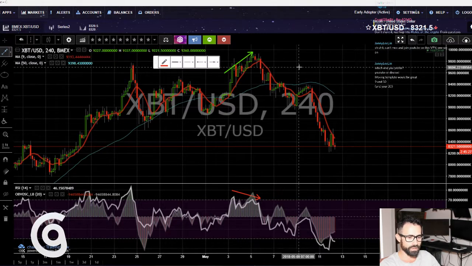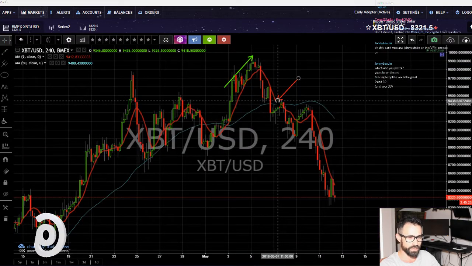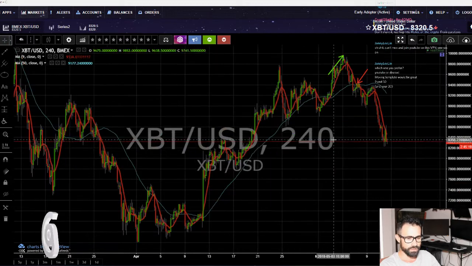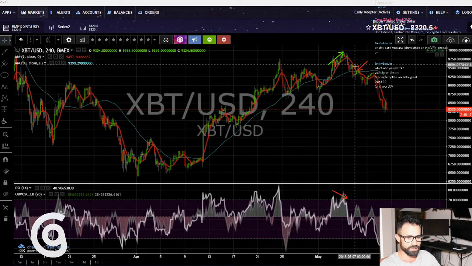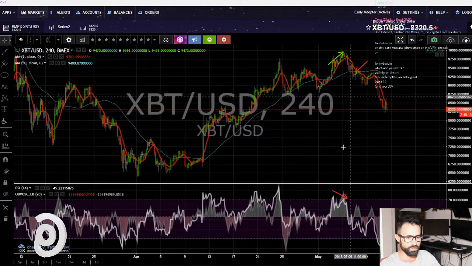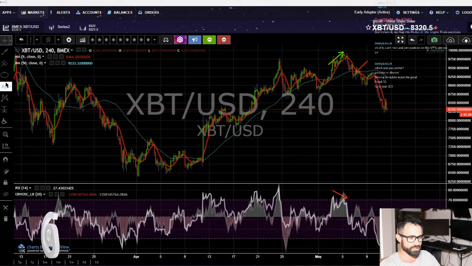Upon this moving average crossover to the downside, this would be the short sell. This moving average cross to the downside would confirm this bearish div, and now we experience this drop.